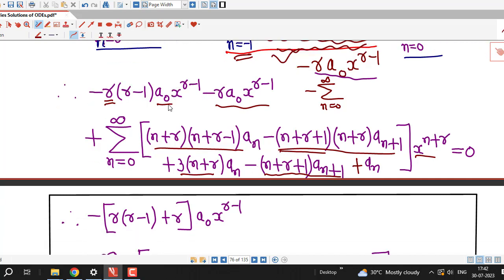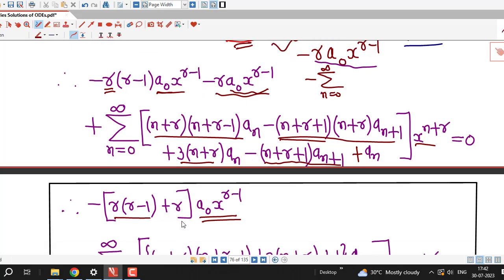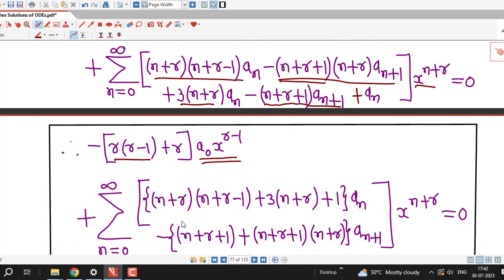Okay, fine. Now here in these two terms we take a0 x raised to r minus 1 common and negative sign also common. So here we are left with r into r minus 1, here plus r, and now we have taken a n common from these terms, and we have n plus r minus 1 plus 3 times n plus r plus 1 a n, and I have combined these two terms.